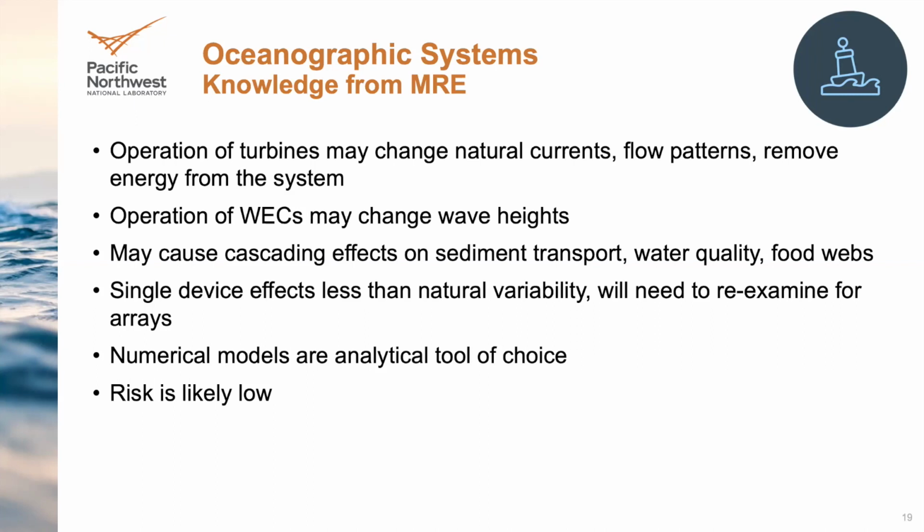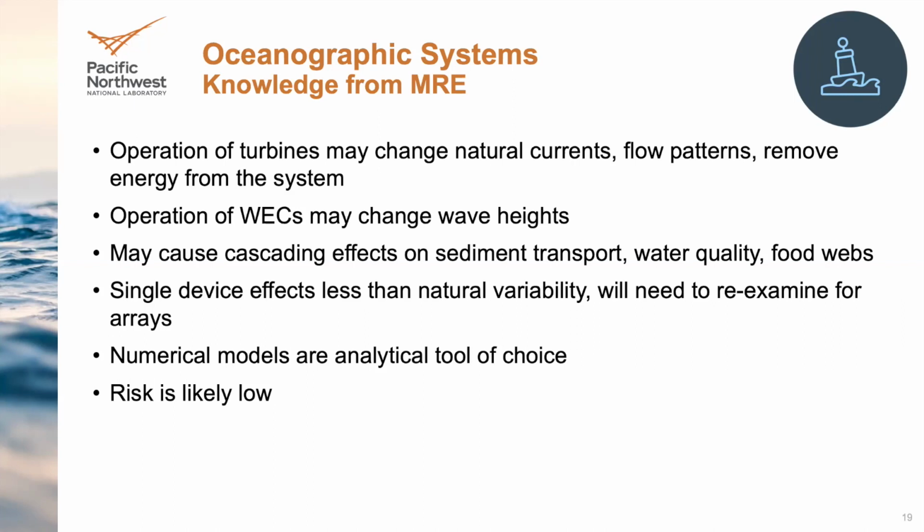Now, we know that single devices, you put out one turbine or one wave energy converter, you cannot measure the effects. They are way, way smaller than the natural variability. However, if we go to very large arrays, hundreds of devices, if that were to ever occur, this is something that should be measured. At this point, we rely on numerical computer models as an analytical tool of choice because we can put in as many realistic devices as we want and work with the natural flow.